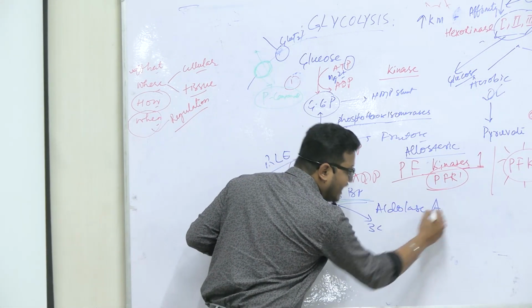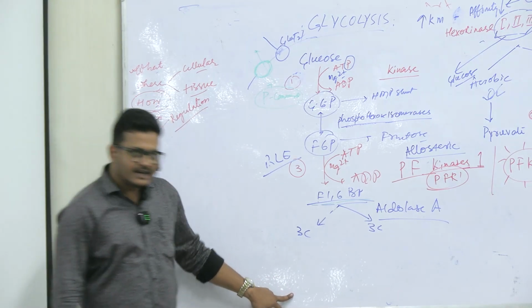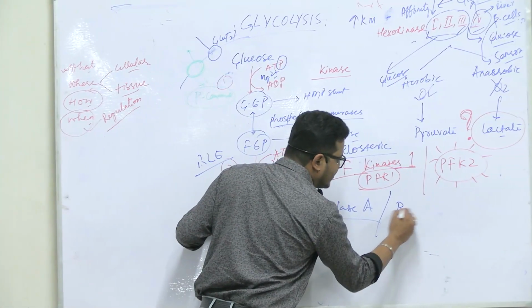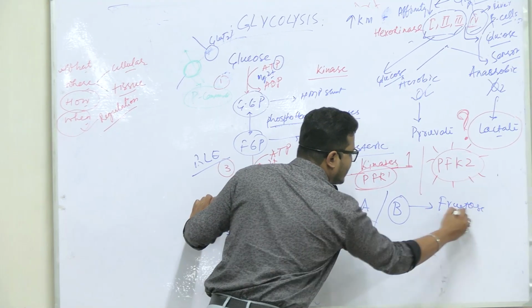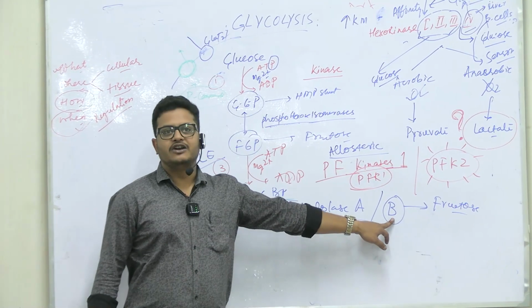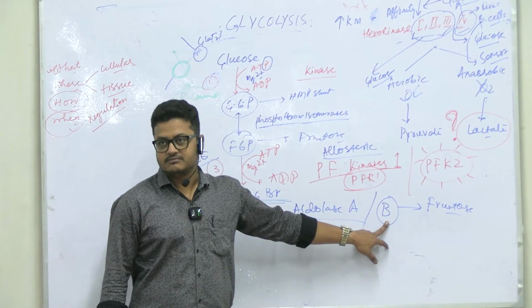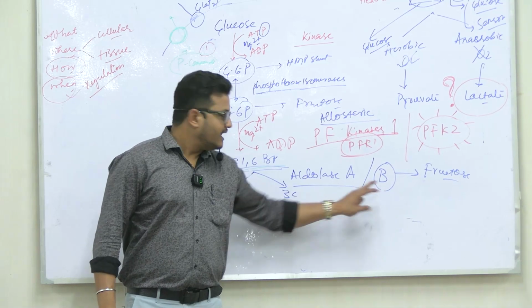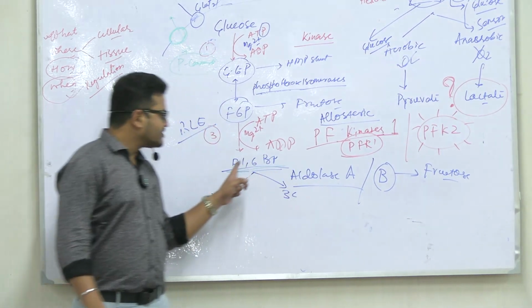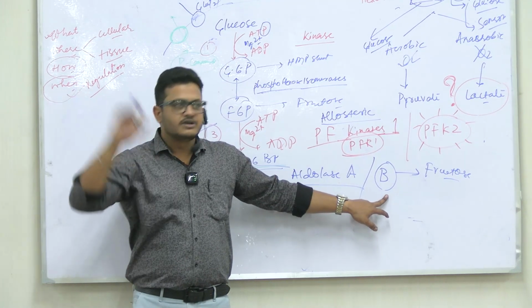aldolase A. There is another isoform called aldolase B that is provided in fructose metabolism, and deficiency of aldolase B is responsible for fructose intolerance. We will study that in fructose metabolism. Remember that. It is aldolase A that acts on fructose 1,6-bisphosphate. It is aldolase B that acts on a fructose component.